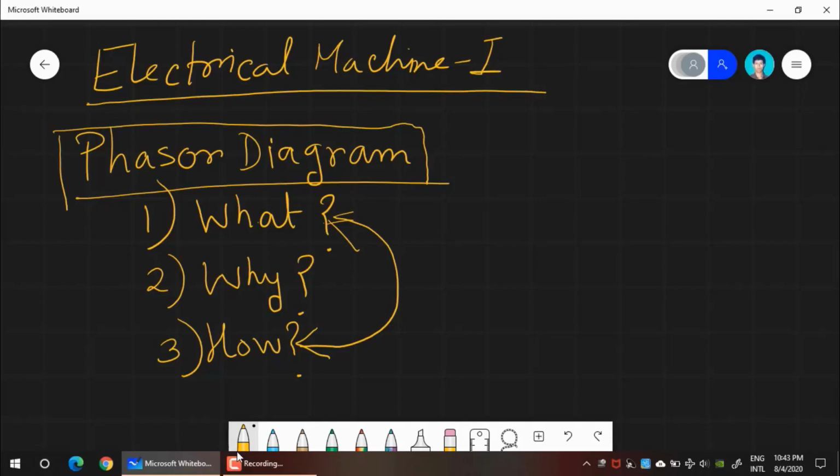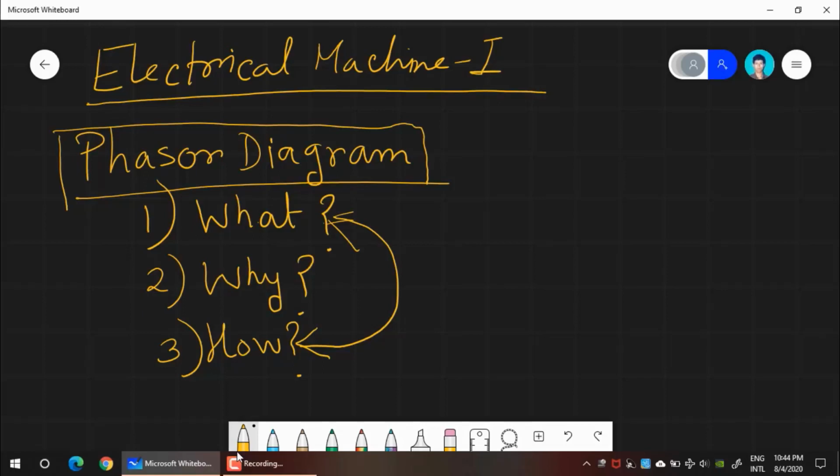The idea is to find out a very particular answer to why we should learn phasor diagram, why we should learn KCL, why we should learn KVL, whatever topic we are going to learn: how this new topic can help us in practical or real life, or at least what features it has that will circumvent the difficulties we used to face with our previous methods.